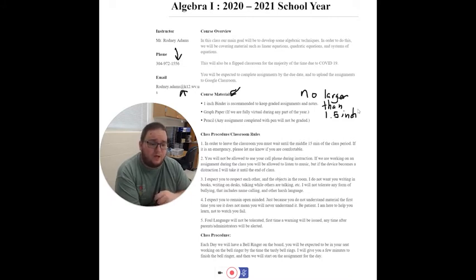If we're virtual halfway through the year and towards the end, I'm probably going to need you to purchase graph paper. If you're not able to purchase graph paper or any of the other things I've mentioned, let me know and I can provide it for you. Just send me a text message or an email, and we can work something out. But I'm not going to penalize you for not having the money to be able to buy it.